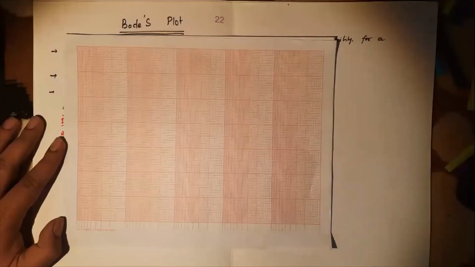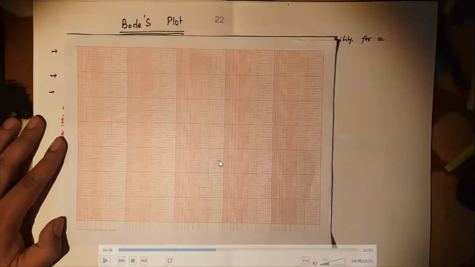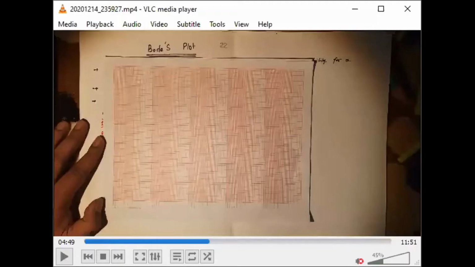We need to use this semi-log graph sheet for representing the Bode's plot. Everyone please take out your sheet.